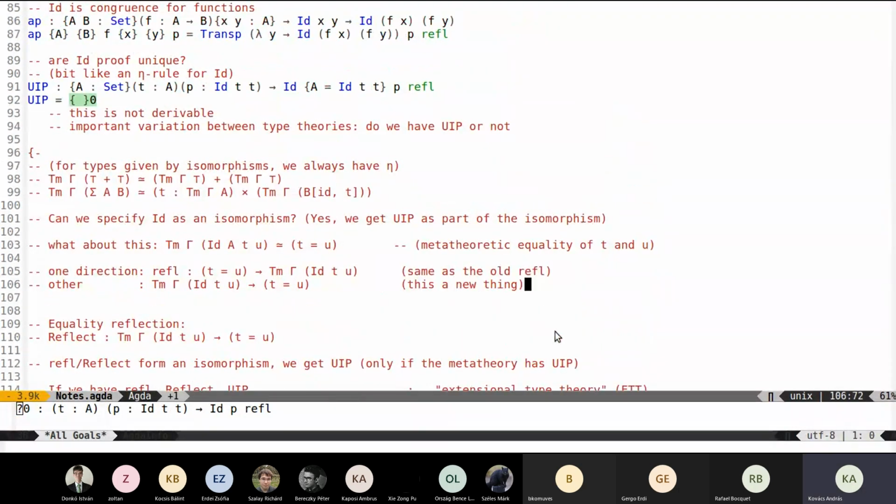I can use reflection. So reflection says that as soon as I have anything in scope which proves t equals u, then in an external sense, t is the same as u.